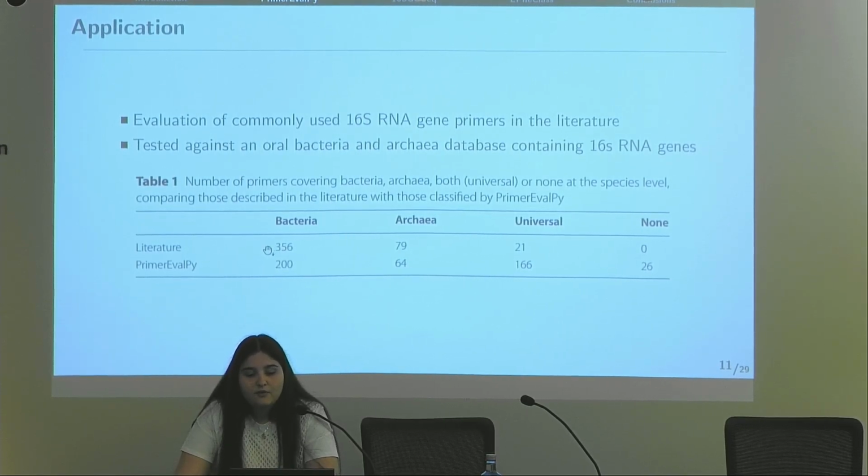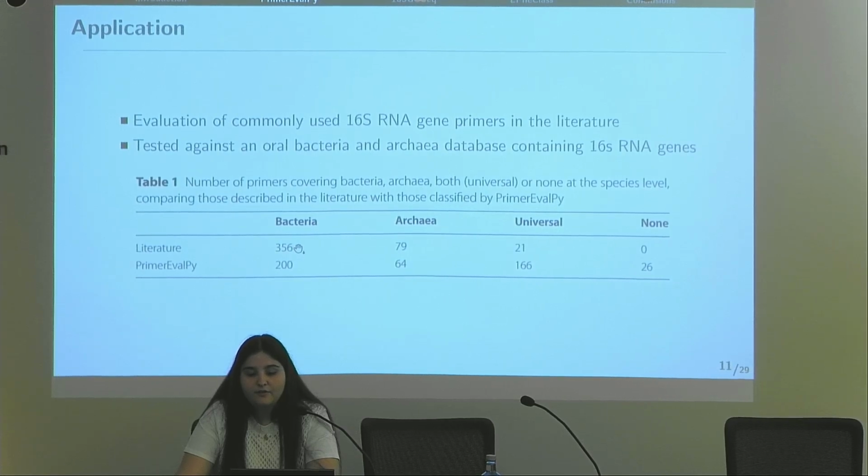For instance, 356 of the primers were expected to exclusively amplify bacteria, but it turned out that in the oral cavity only 200 amplify exclusively bacteria. The remaining ones ended up amplifying both bacteria and archaea.